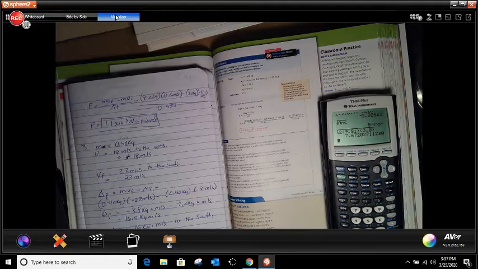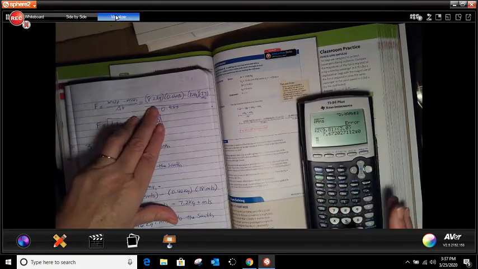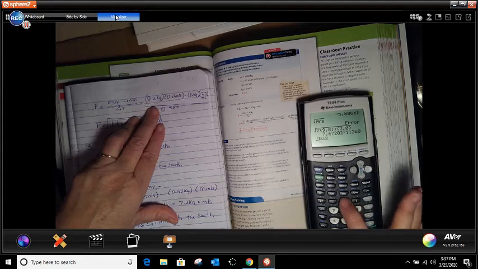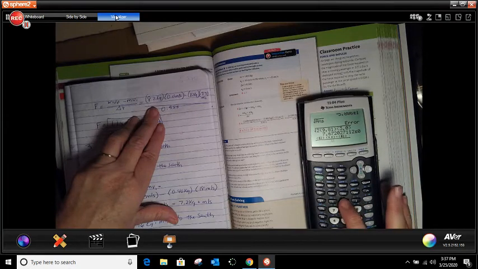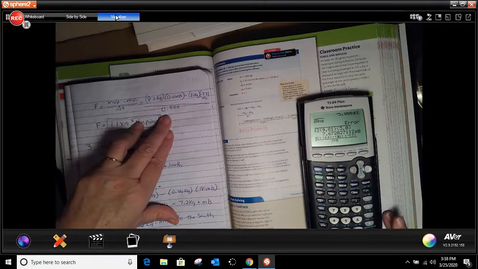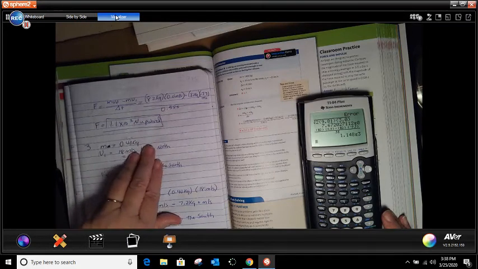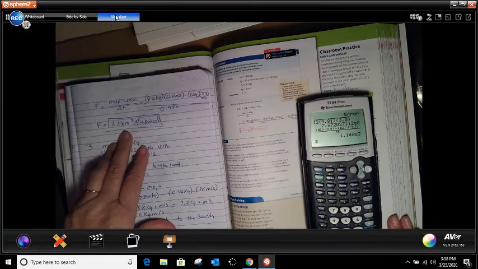With that one, we're just going to do our alpha y enter. Open bracket 82 close bracket, open bracket 0.0 close bracket, subtract, open bracket 82 close bracket, open bracket negative 7.7 close bracket, then go down to 0.55, and that gives me 1.148 times 10 to the third, which I rounded to 1.1 times 10 to the third.